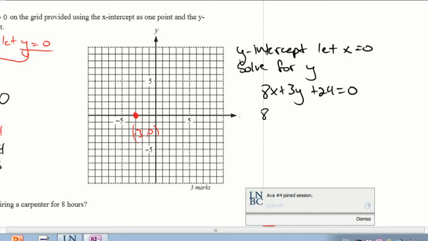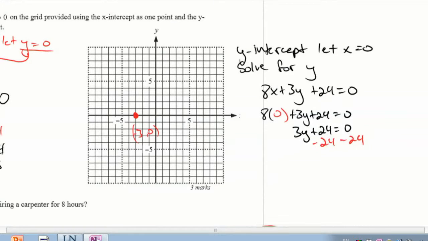And I'm going to put a 0 in for x. Okay, so 8 times 0 is just 0. Then I end up with 3y plus 24 is 0. I subtract 24 from both sides. 3y is equal to negative 24.